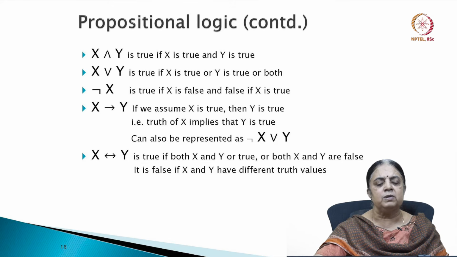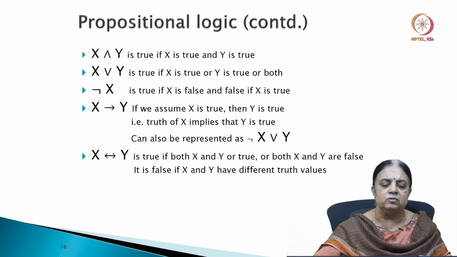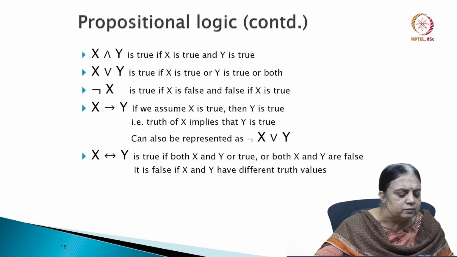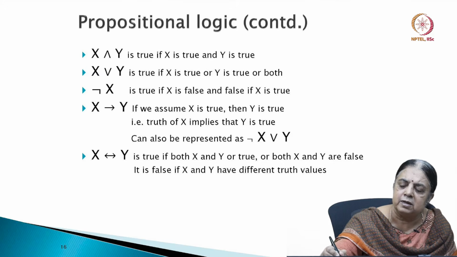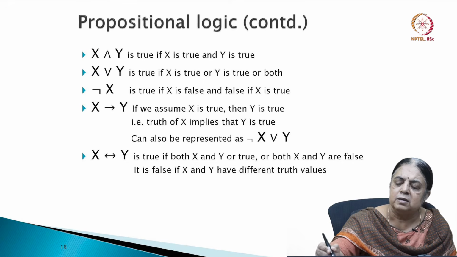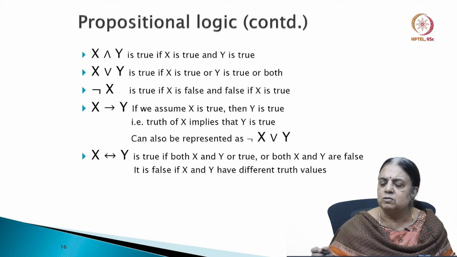And X implies Y. If we assume X is true, then Y is true. That is, truth of X implies that Y is true. X implies Y can also be written in another way: X implies Y is the same as saying not X or Y. So these two are equivalent to each other.